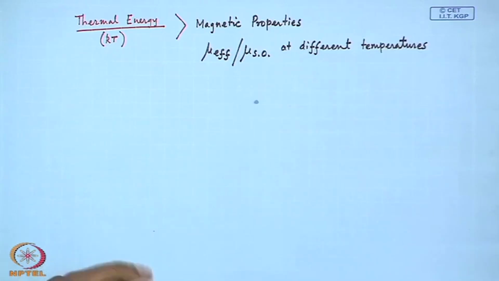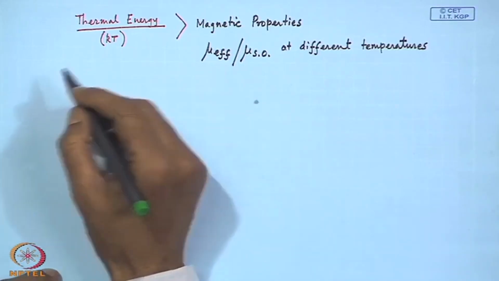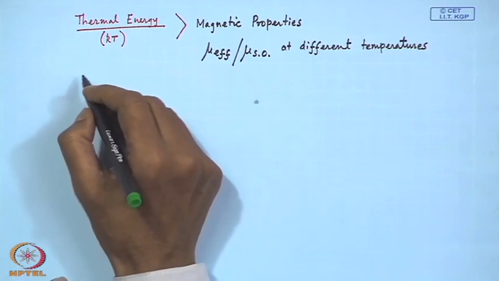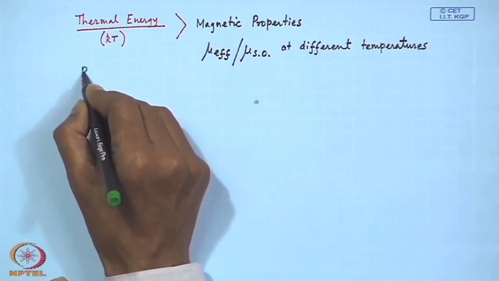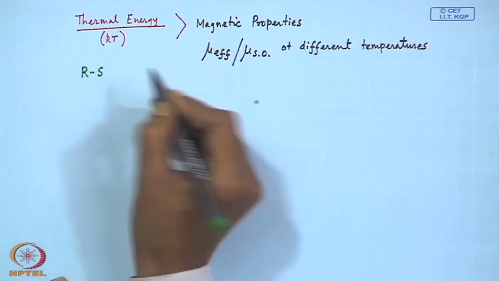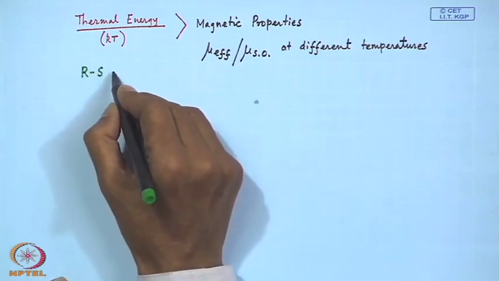So this we can determine at different temperatures, and when we do so, we see that the available unpaired electrons are coupled in the fashion we already discussed, the Russell-Saunders coupling scheme.